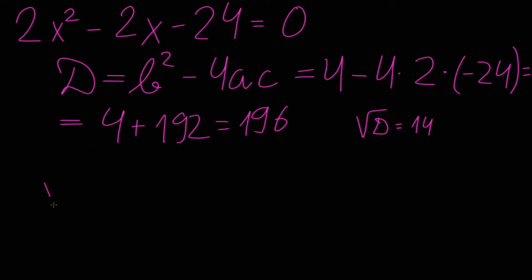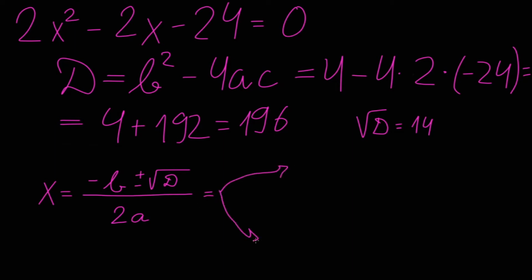Now what we do next is calculate both roots by using the discriminant. So we'll need to divide this by 2 times a. Here we will have minus b, and then we will add and subtract the square root of the discriminant. So let's just split it up in two cases. 2 times a is 4, minus b is 2, minus the discriminant will be 14.